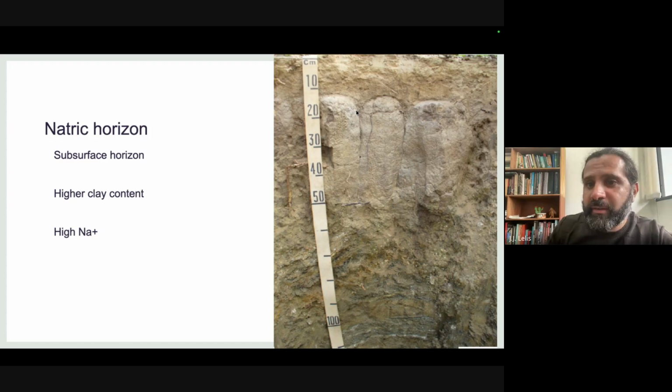We call it columnar structures, we don't call it prismatic structures anymore. So now the prismatic structures need to be reclassified as columnar structures.